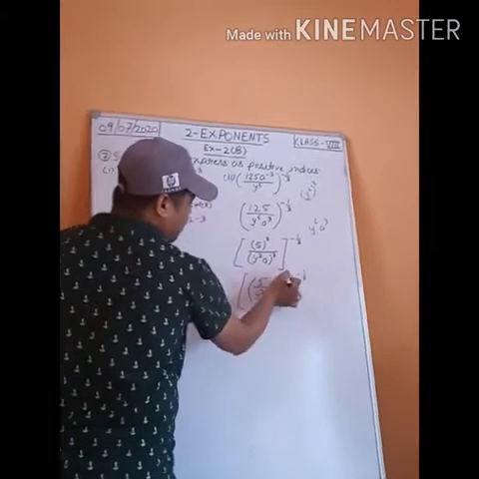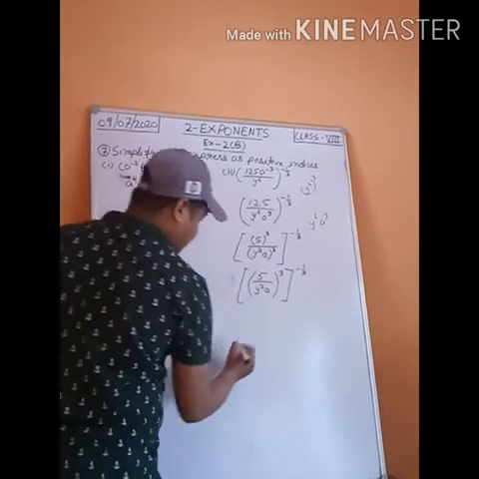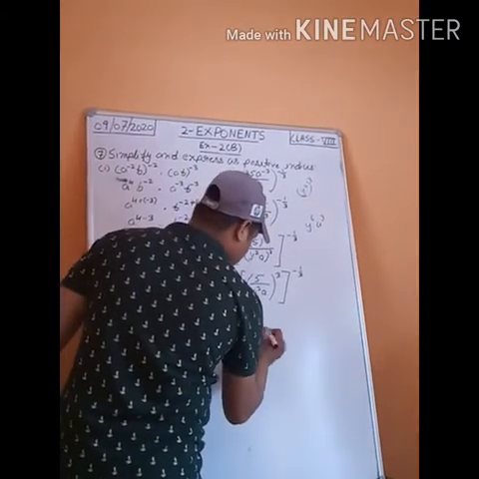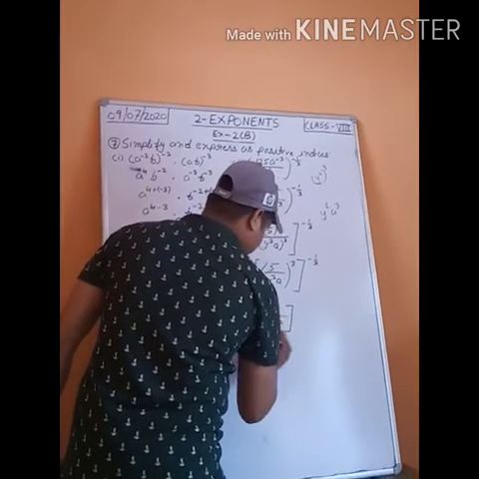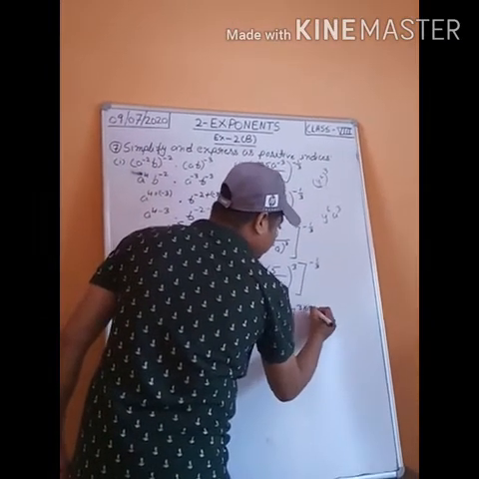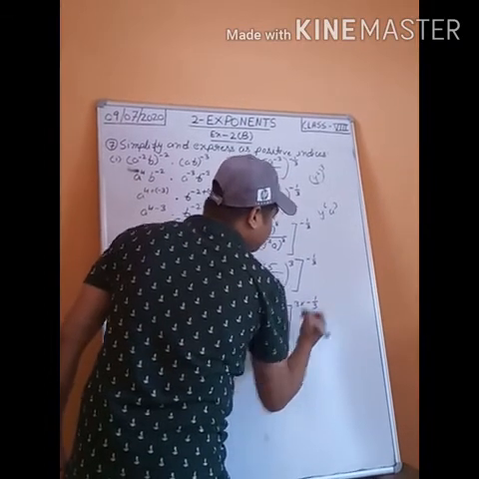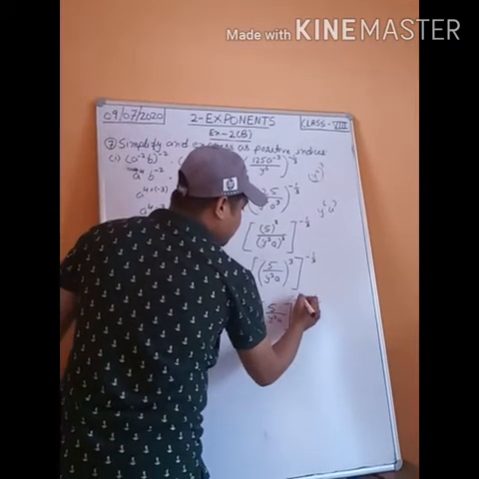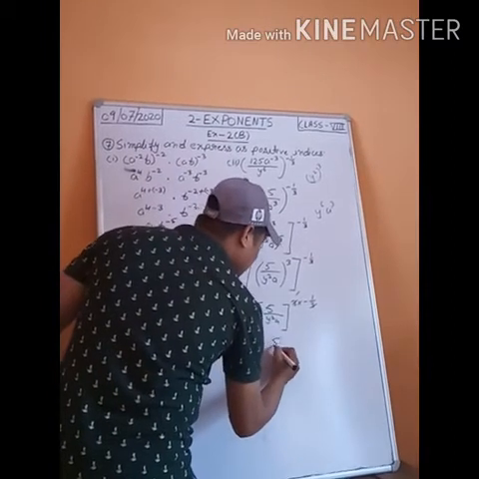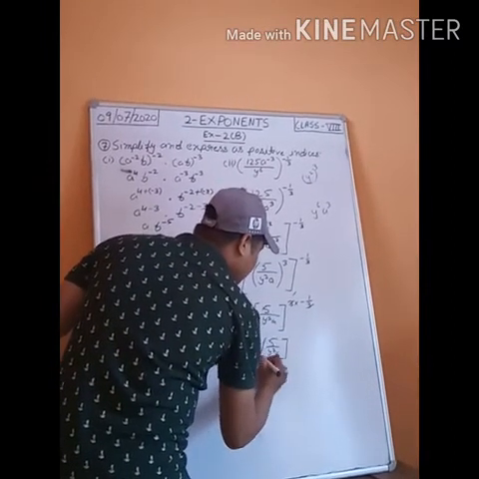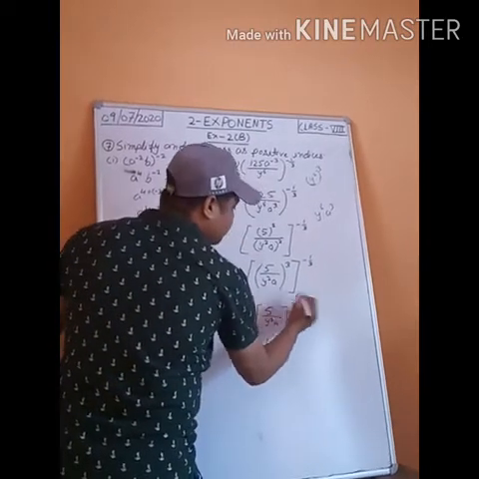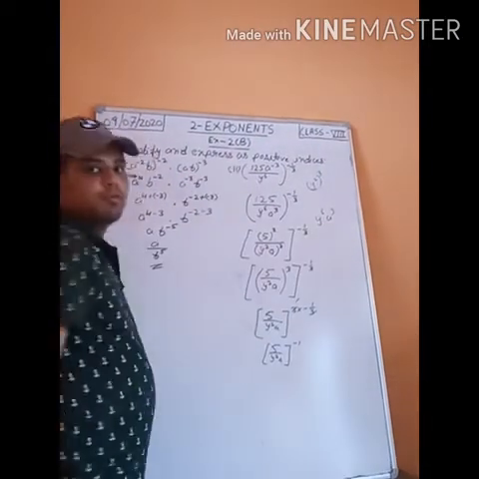Now we will multiply the powers. Here we will use the power law. So 5 upon y square a, then 3 multiply minus 1 upon 3. So 3 cancels 3, and we get 5 upon y square a, whole power minus 1.